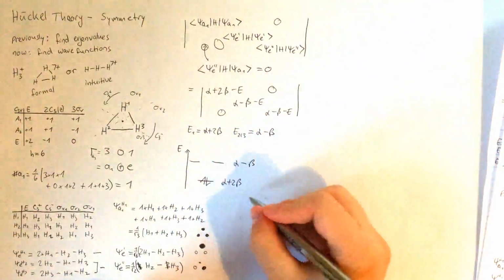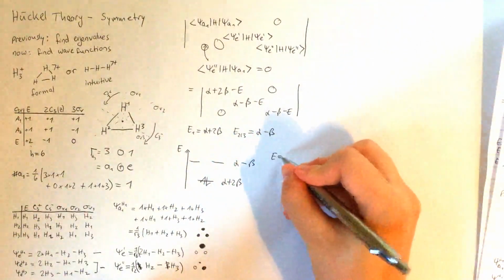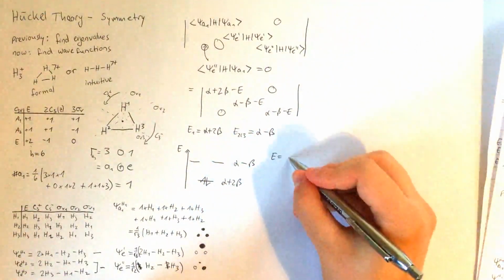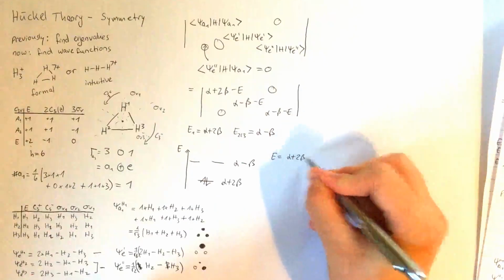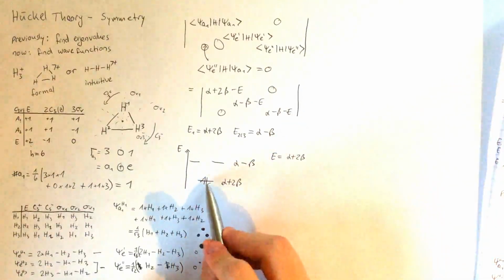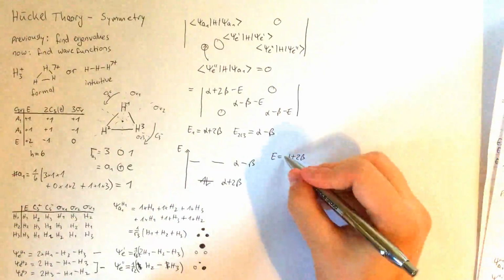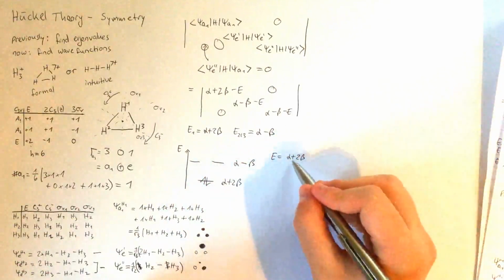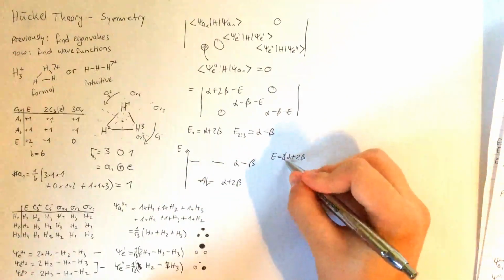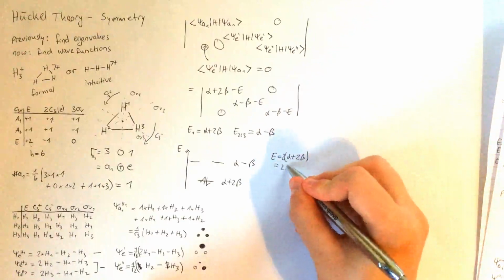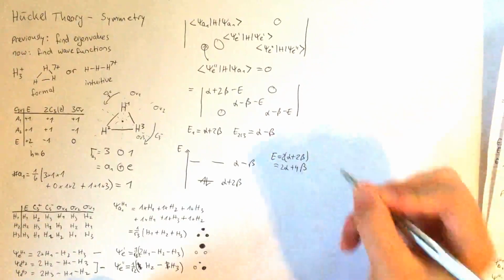And I see my overall energy is alpha plus 2 beta, and that twice, because we have 2 electrons in the orbital with the energy alpha plus 2 beta, which is 2 alpha plus 4 beta.